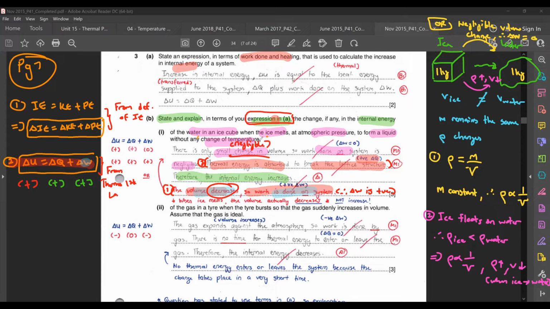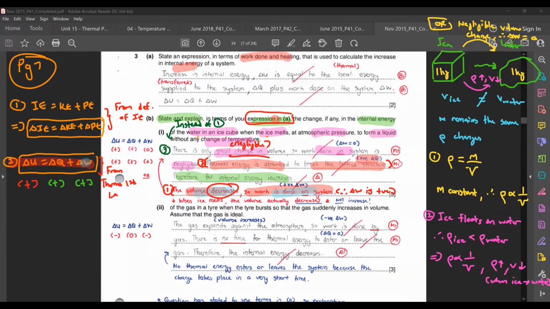Okay, the marking scheme will always accept either one. Either you say volume is decreasing, so work done on the system, or you say that volume change is negligible, so no work done on the system. Okay, so both answers are actually acceptable. So this one I'll probably just write as number 3 instead of 1. Okay, you could also write this if you wanted to.